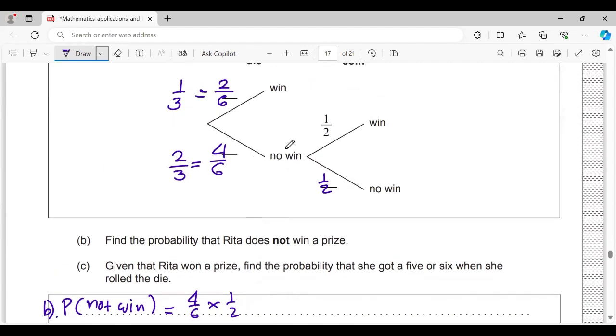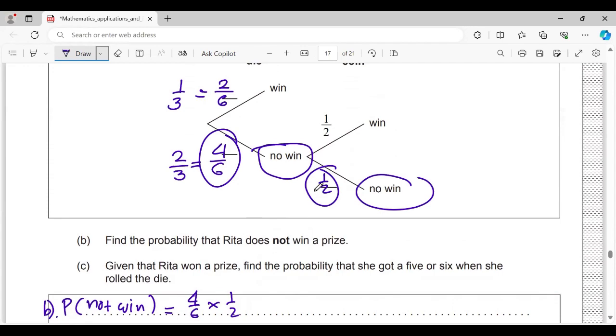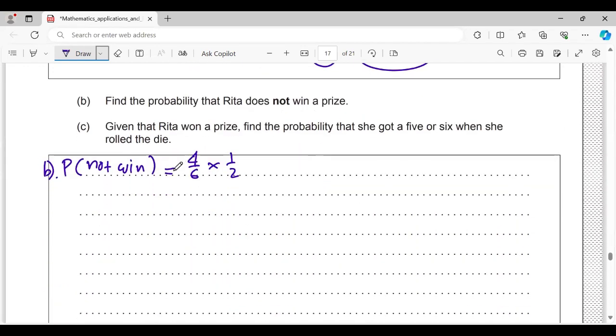No win, this is the probability, and no win as well, the probability is this one. So 4/6 times half is 2/6, or 1/3.